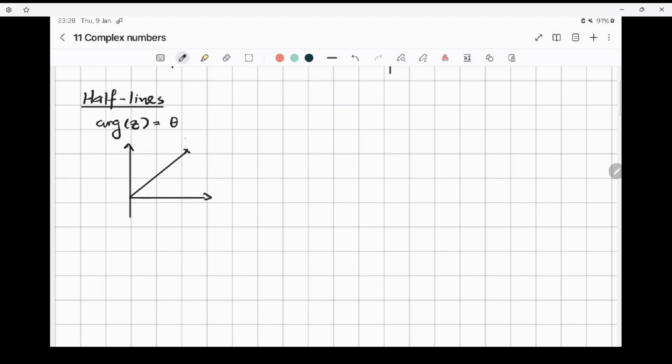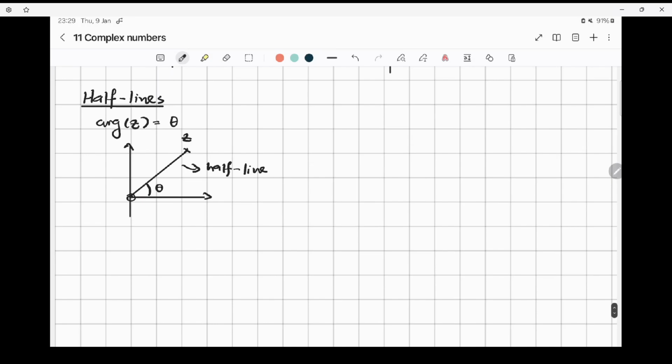So let's say this is your z, this is your theta. Depending on the value of theta, basically your line can be either going to the first quadrant, second quadrant, third quadrant, or the fourth quadrant. So this is what we call a half line, because you start from your origin and you go to the point that you want to go.